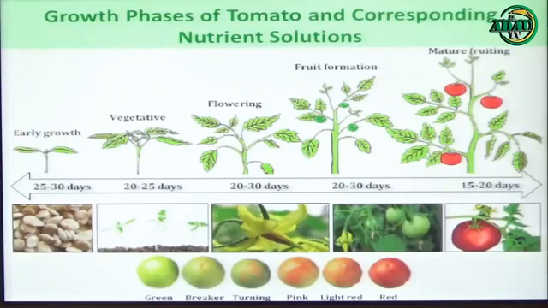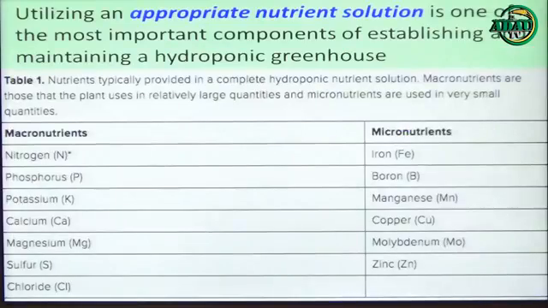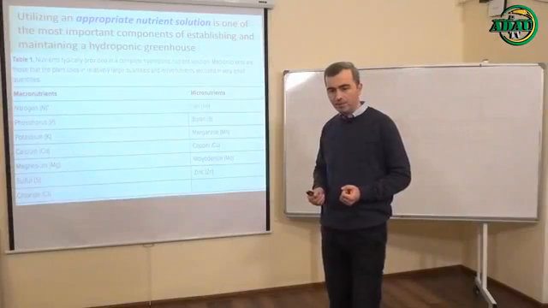So, stages of vegetative growth, flowering, fruit formation, and maturing of fruit. As I already mentioned earlier, in order to prepare all the nutrient solutions, we need to use water-soluble fertilizers.